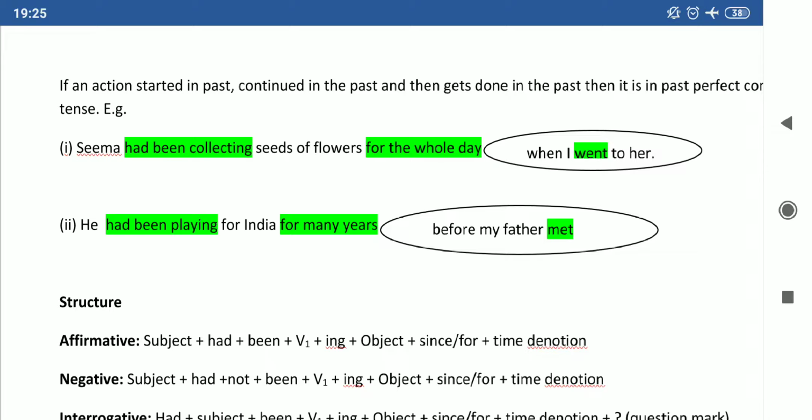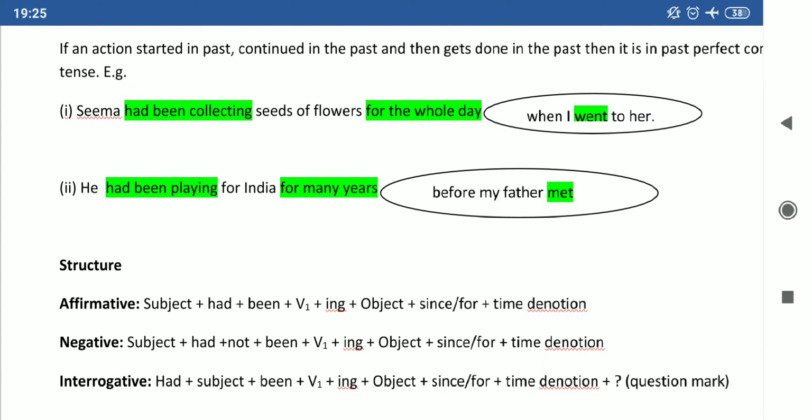Again, as in present perfect continuous, it tells you how much time has passed while doing that work. It means she has been doing this work for the whole day when I went to her.